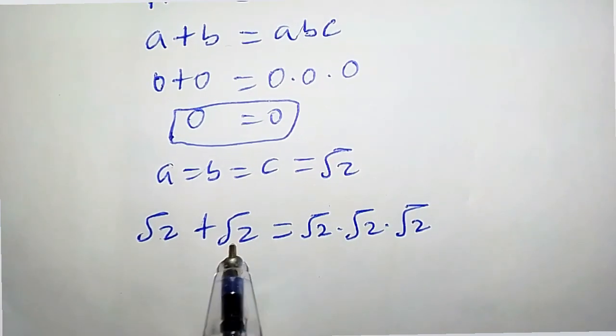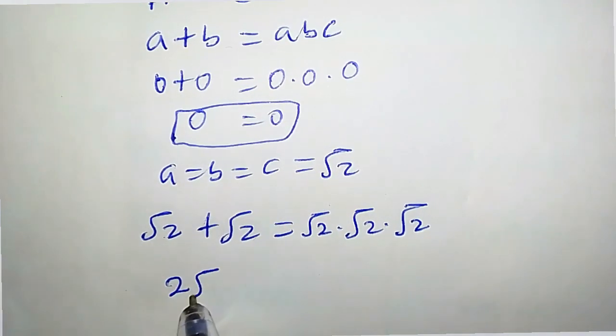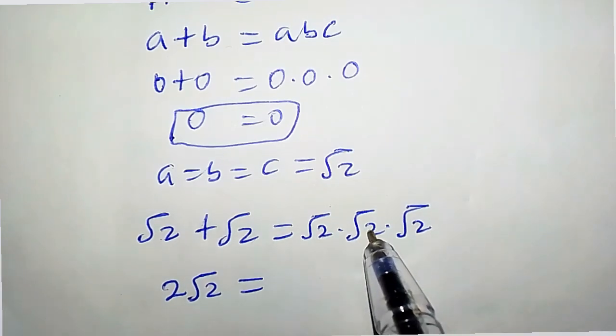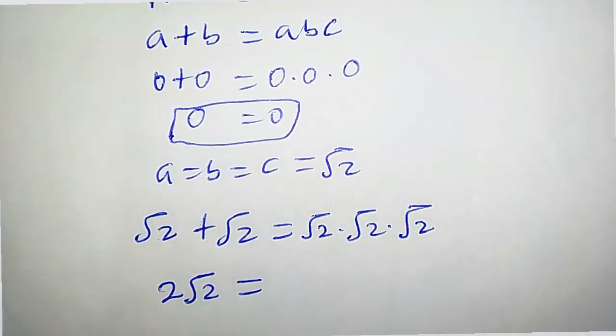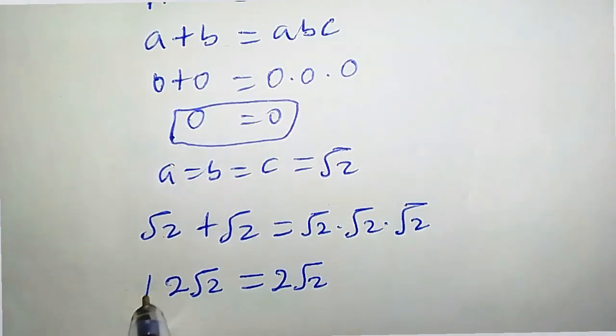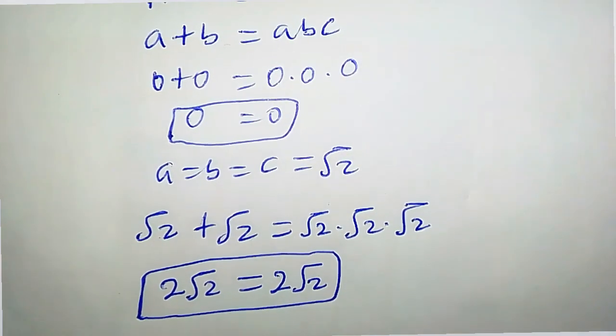Square root of 2 plus square root of 2, that is 2 root 2, is equal to square root of 2 times square root of 2, that is square root of 4, and square root of 4 is simply 2, times square root of 2. So the second value is also right.